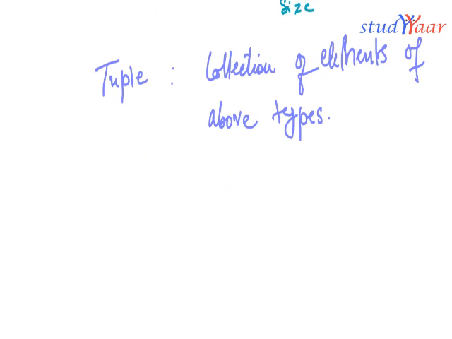What is my tuple? Let's suppose I create a tuple like this. I have a name which is an atomic type constructor.